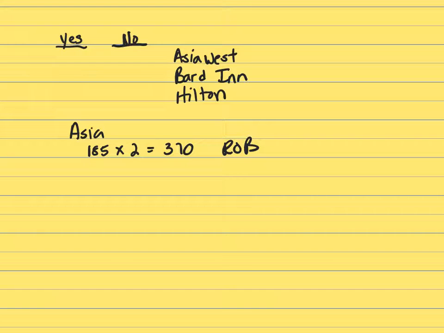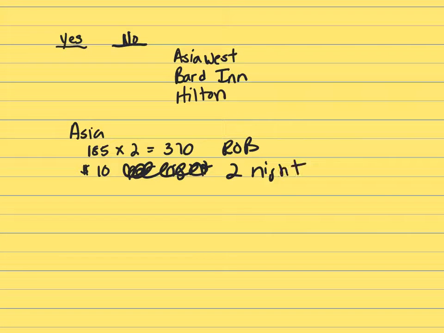All right, so the hotel itself is losing $10 per night, right? No, $10 per 2-night stay, because there's a $5 difference between Asia's $190 and $185. So losing $10 for a 2-night stay. All right, so you've got this room that they booked out of the block.